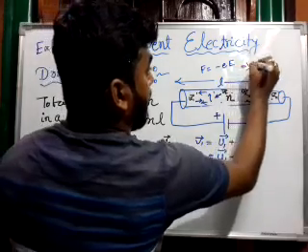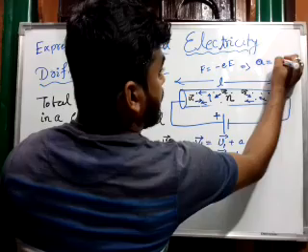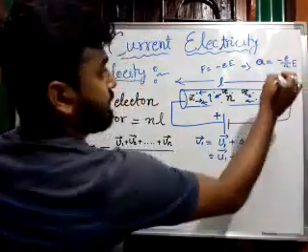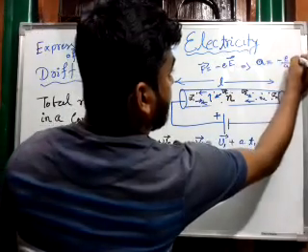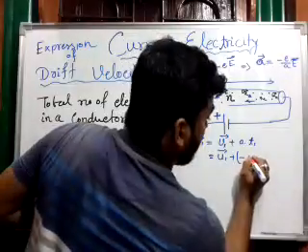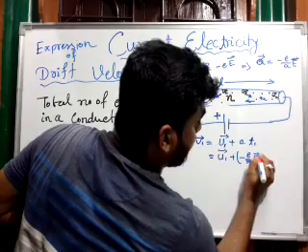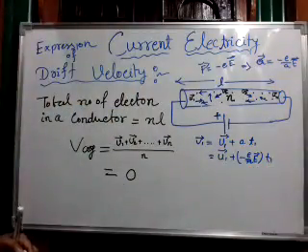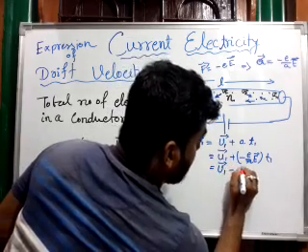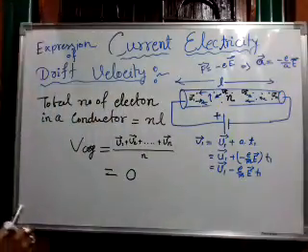So ma is equal to minus e E vector. We put the value a equal to e by m into E vector, so V1 vector is U1 vector minus e by m E vector into t1. Clear?